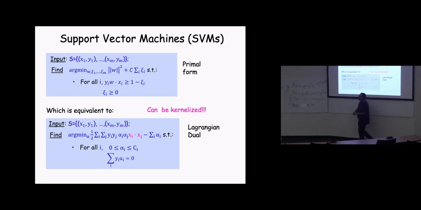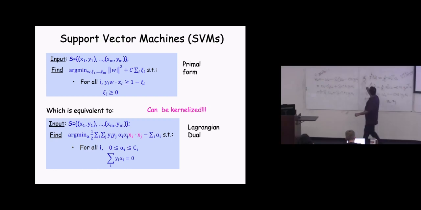And I'll tell you the intuition, because remember, W in perceptron, Wt plus 1 was Wt minus x, or plus x. And we actually added or subtracted a set of xi or xj. So essentially, what we had was alpha i xi as w.